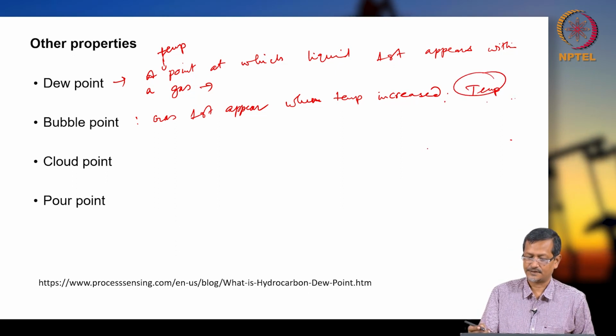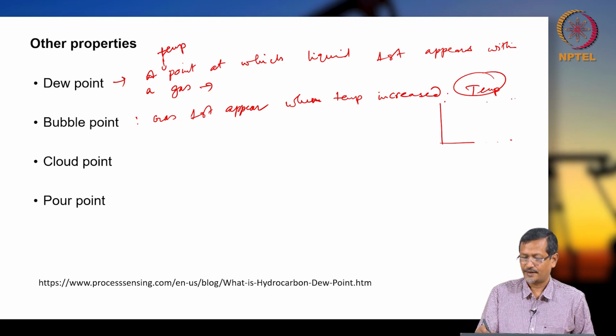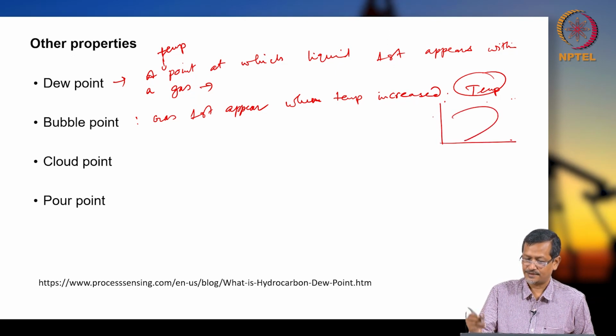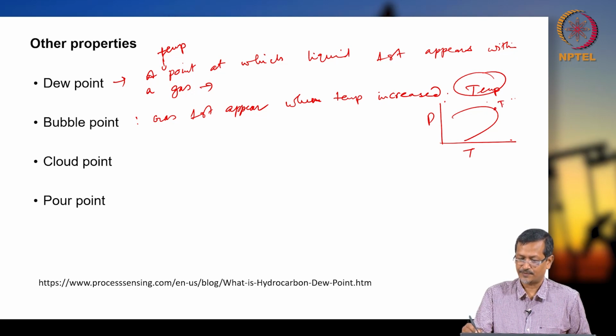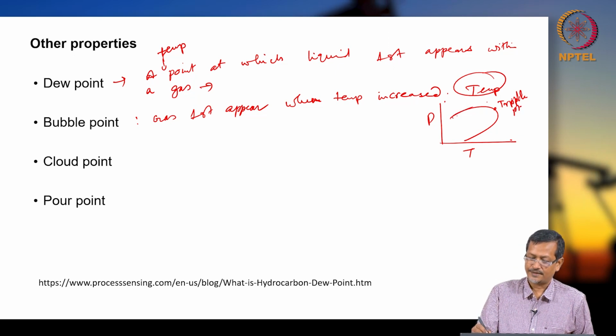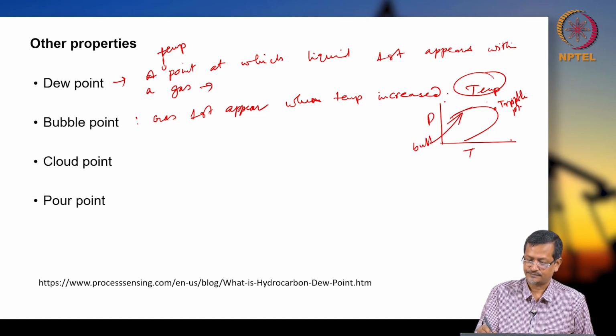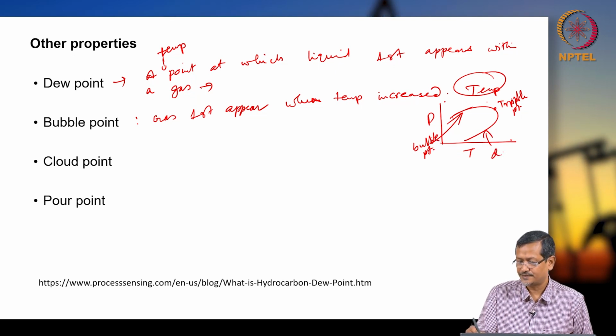I'll explain again the bubble point and dew point. Pressure, temperature, you have seen in the phase diagram, you have a triple point, and this is called bubble point. Bubble point, this is called dew point.